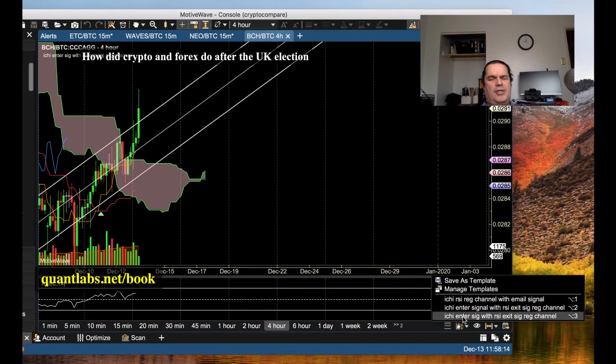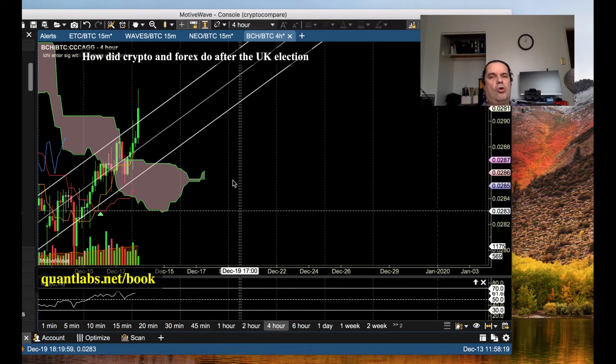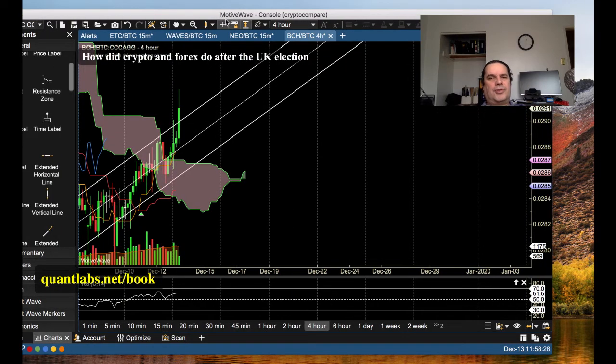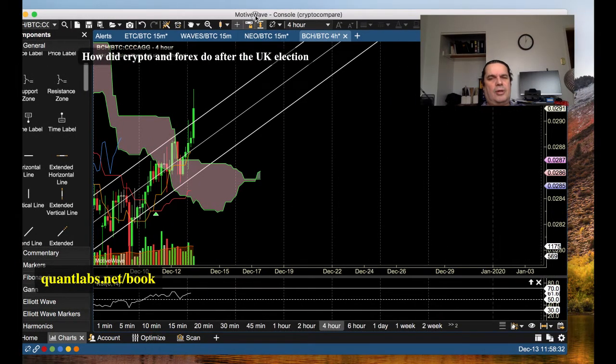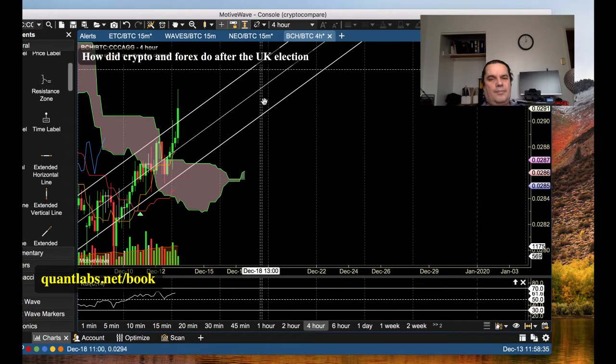There's a lot of hunches involved here with motive wave because you cannot open and scan, have a strategy with one strategy watching multiple charts. So I think it's one strategy to one chart, which kind of is limiting on your potential.